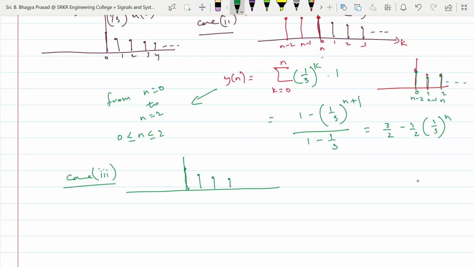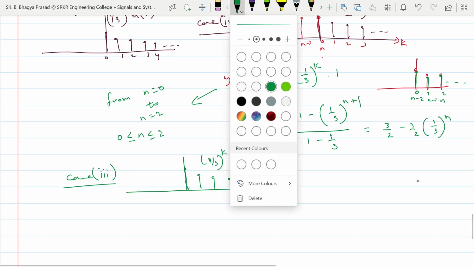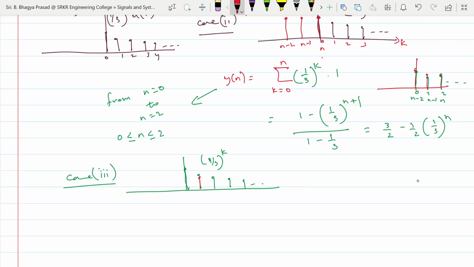This is your x of k, that is 1/3 power k, and after n greater than 2, that is n equal to 3, with n, n minus 1, n minus 2, the expression will be y of n equal to summation, taken as k equal to n minus 2 to n.